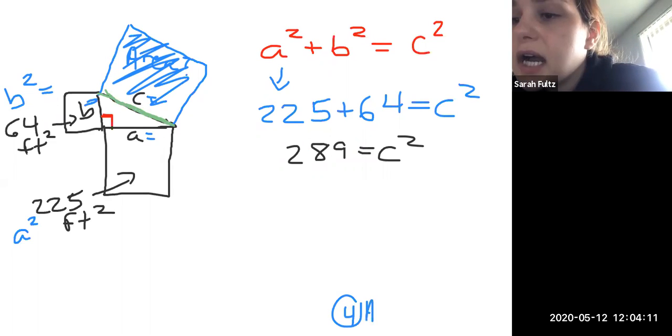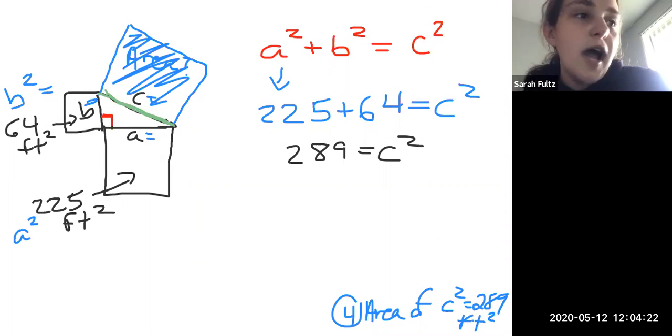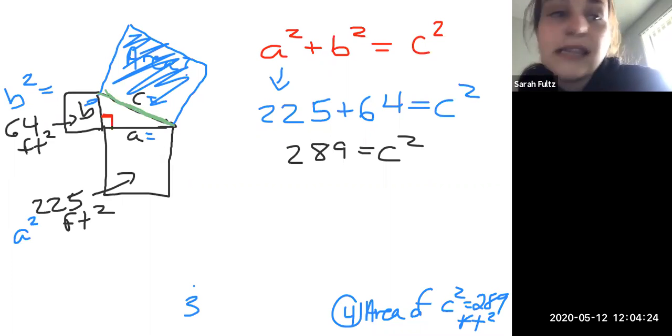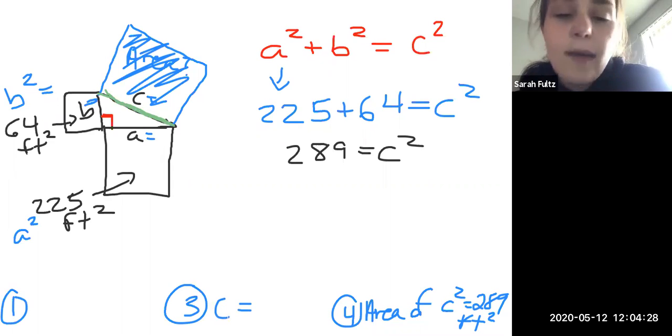The area of C squared equals 289 square feet. All right, now I can actually go back and solve for the length of C. And then we'll go back and solve for the length of A and for the length of B.